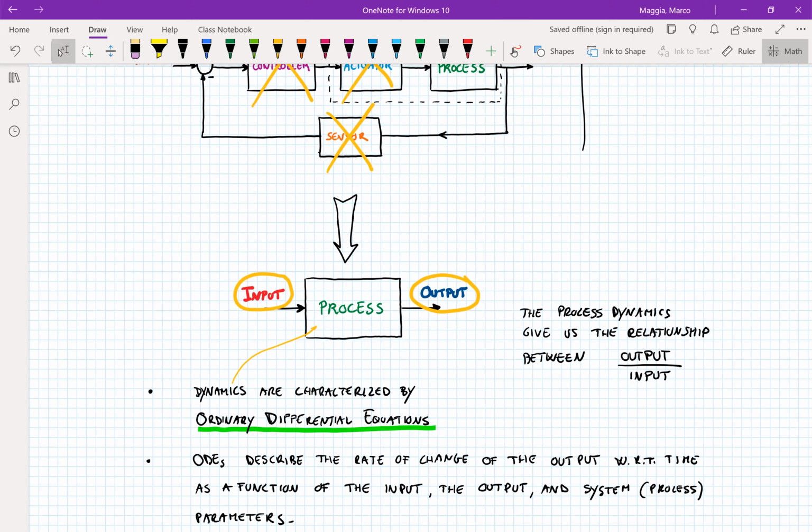And once we have an input, which is just a function that can be of different types, as we will see, we can solve for a specific input the ordinary differential equations describing the dynamics of the process, and the solution of such ordinary differential equations, also known as ODEs in short, will give us the description of the output.